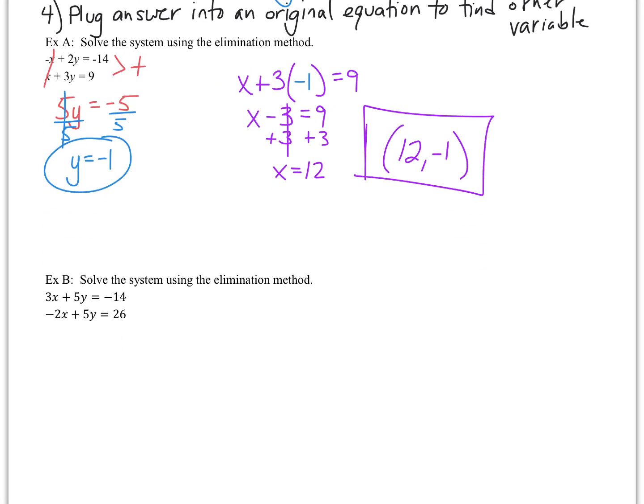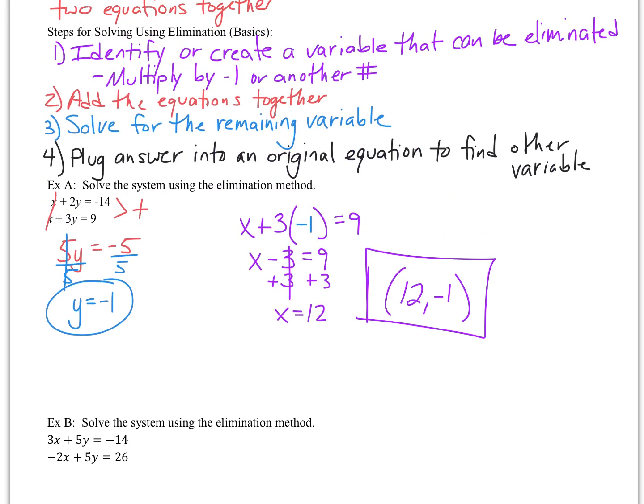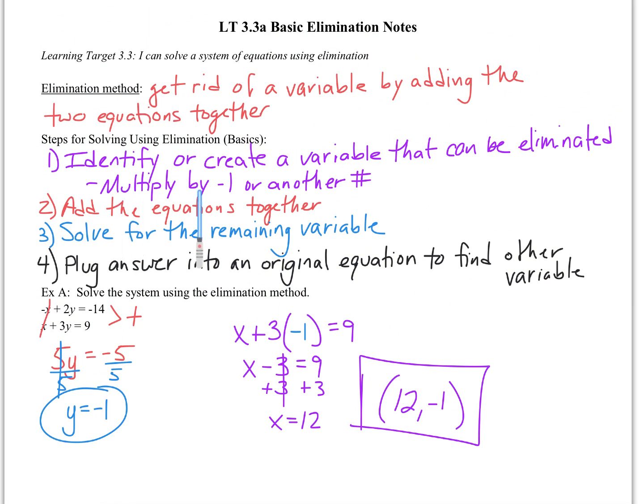So example B, looking at those, what do you guys notice? Yeah, we got the 5y's, right? But they're both positive. So that presents a little bit of a problem, because if I add those equations together as they are, I'm going to get 10y, which doesn't really fit my purpose, right? So this is where on step 1, I say that you might need to multiply by negative 1 or another number.